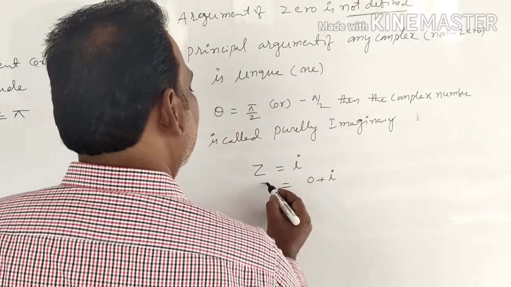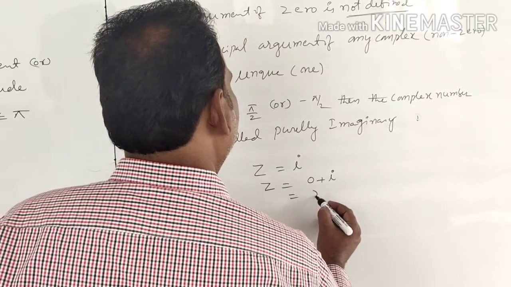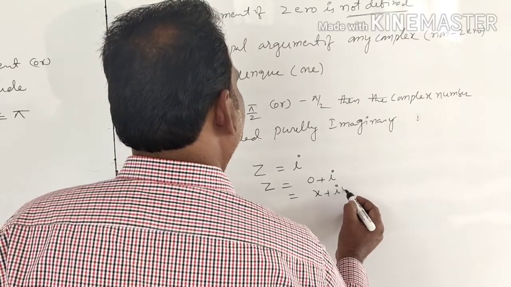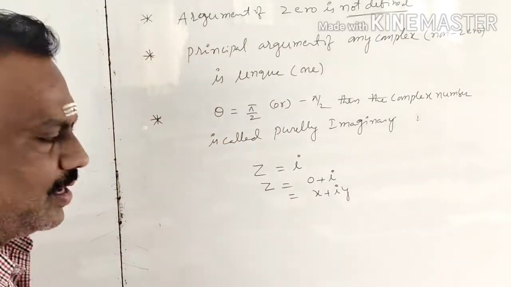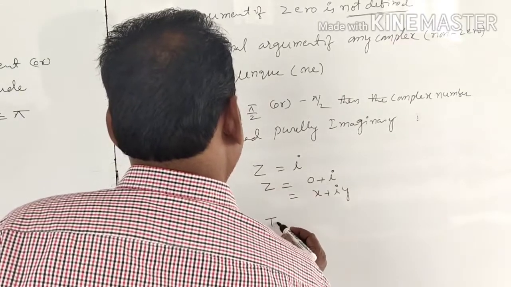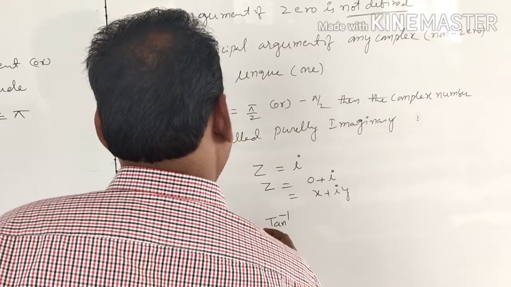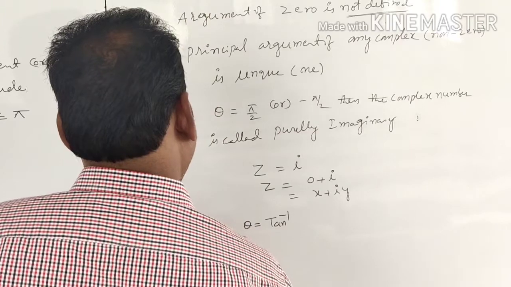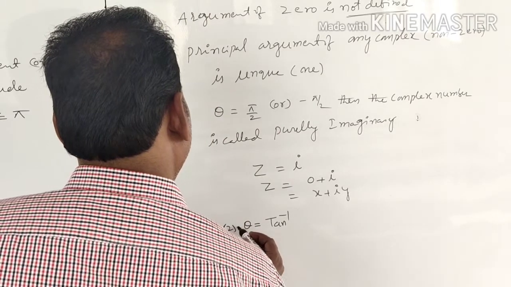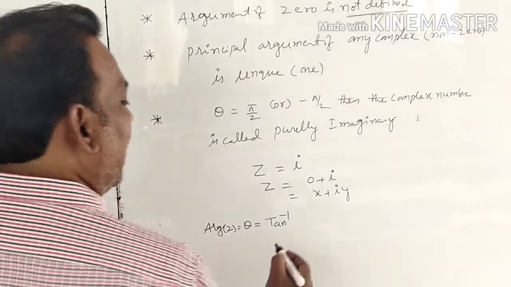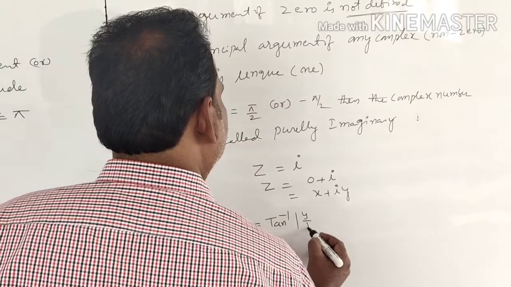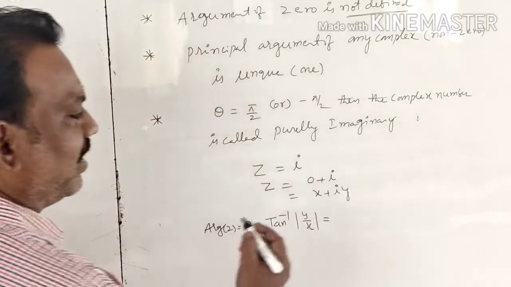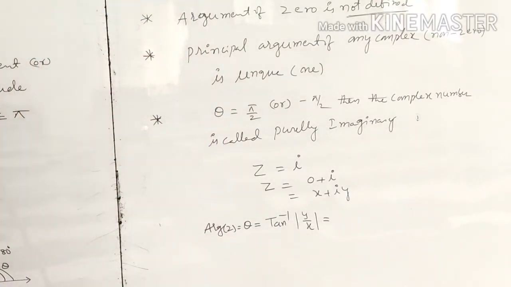So z is equal to 0 plus i, and you can compare it with x plus iy, because that is the general format. Now the argument of z, which is denoted as theta, is tan inverse mod of y by x. Why? Because it does not lie in any quadrant, it lies just on the y-axis, the imaginary axis, correct or not?